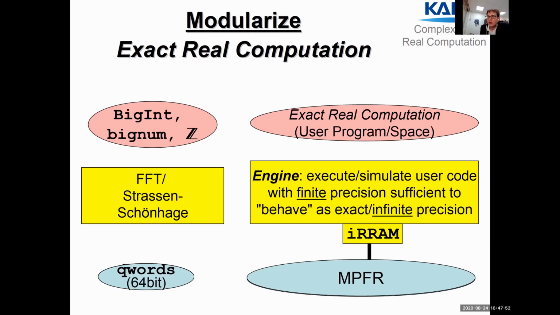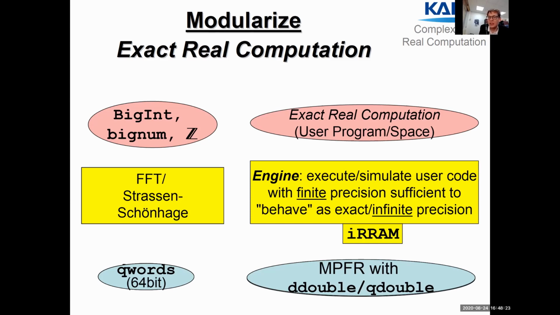Initially, iRRAM uses the hardware double precision, and when the first exception strikes, when this turns out to be insufficient, then iRRAM starts again with software support by the MPFR library, and this incurs a huge penalty in efficiency. Jiman will tell you in a minute how he has been able to avoid that huge penalty using double-double, two hardware doubles, and using quadruple double.